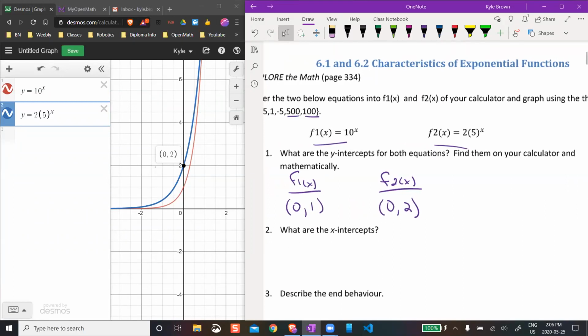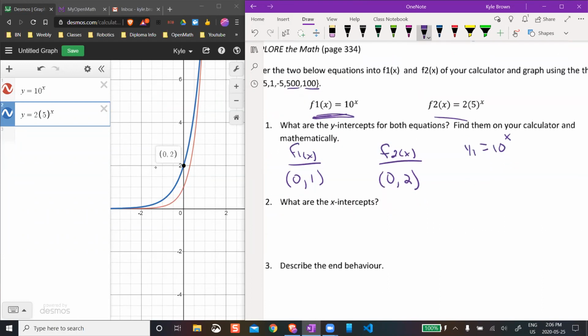So let's find both these numbers mathematically and see how we got that. So let's do the first one here, f1 of x. Let's figure out why that is the case. I'm going to call it y1 is equal to 10 to the power of x. So remember where we cross the y-axis here? Well, that's going to be when x is 0. So if I just throw a 0 in for x, that should tell me what y is going to be.